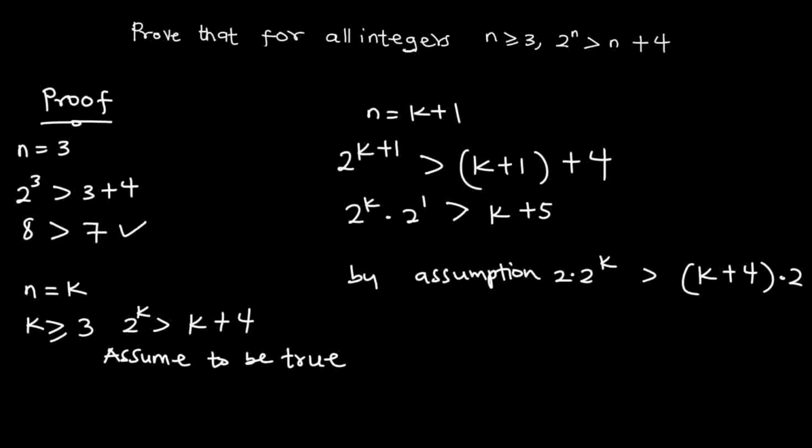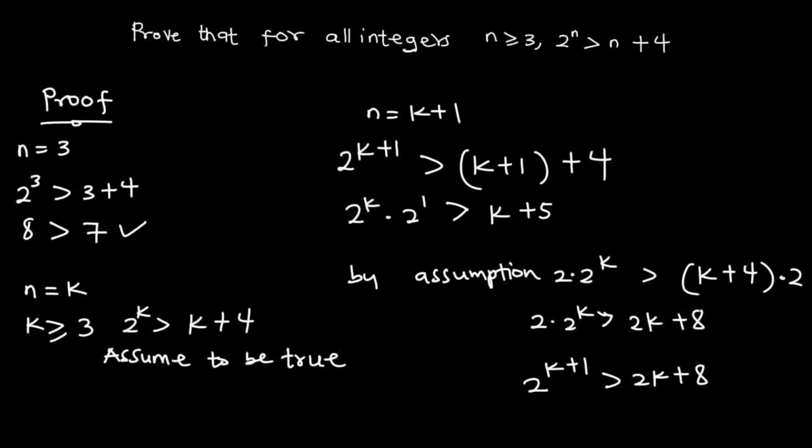In this case we have 2 multiplied by 2 to the power k to be greater than, distributing 2 to the values in the bracket, 2k plus 8. I'm going to rewrite this as 2 to the power k plus 1 should be greater than 2k plus 8.